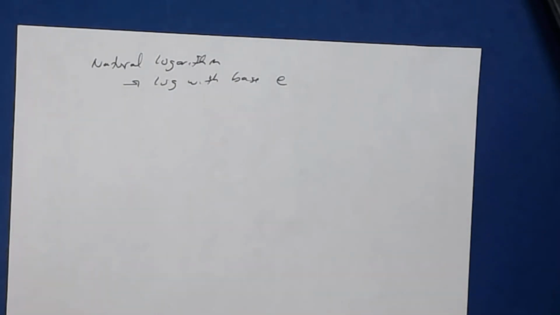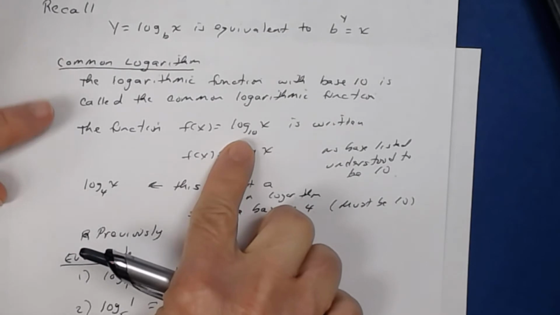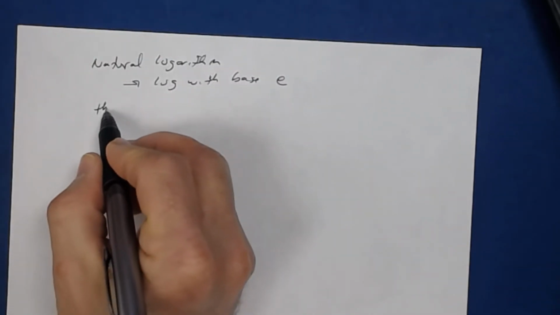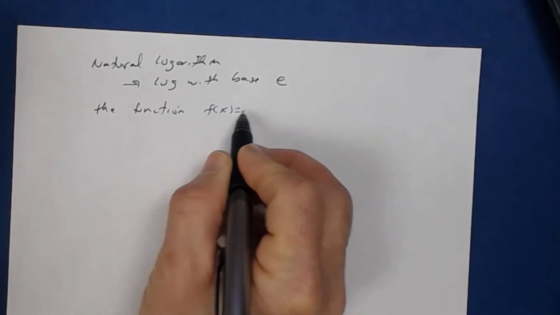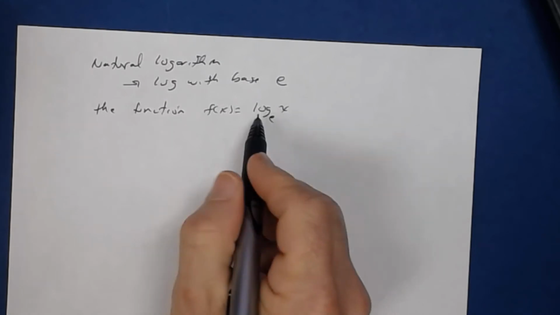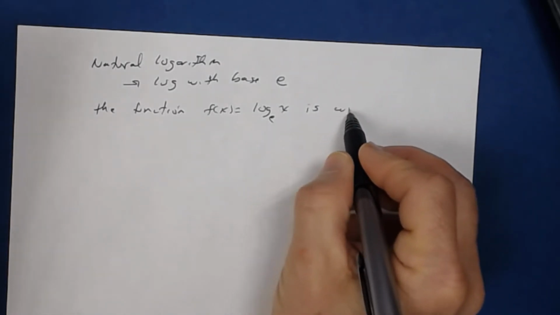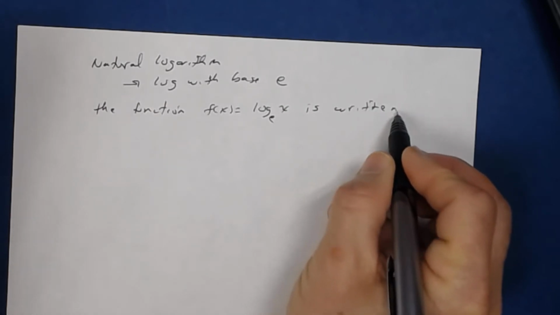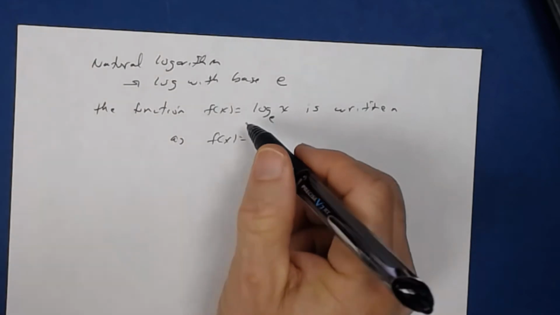If we write this the same as we did with a common logarithm, we would say this. The function f of x equals log of x base e. See, the base is e, right? Is written as f of x equals, now here's where you've got to remember this.